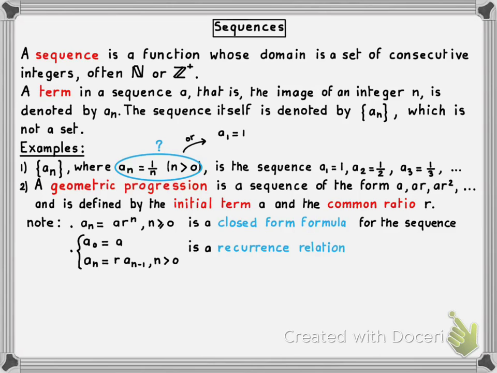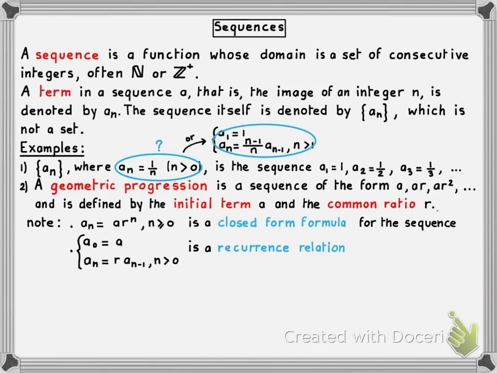Now, how do we compute a sub n as a function of a sub n minus 1? In other words, how do you go from 1 over n minus 1 to the next term, which is 1 over n? Well, you just have to multiply a sub n minus 1 by n minus 1 over n. So this is a recurrence relation formulation for the same sequence.